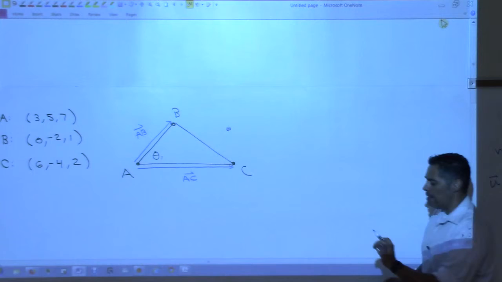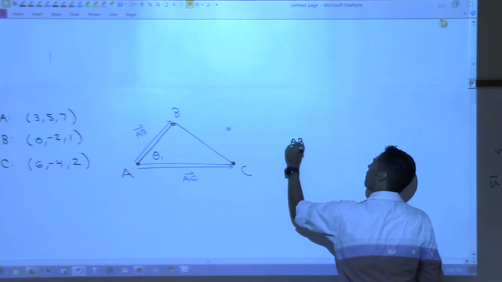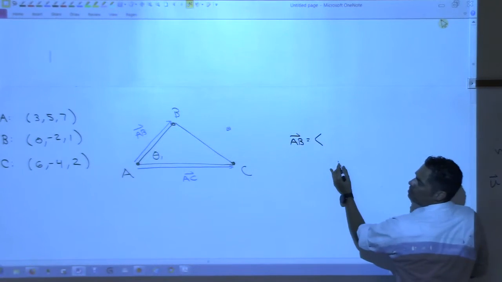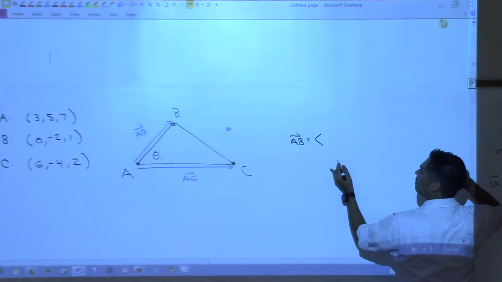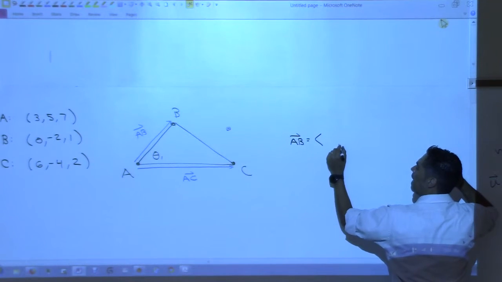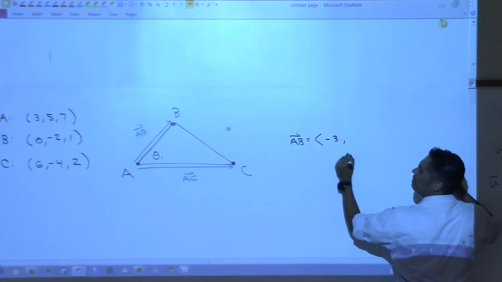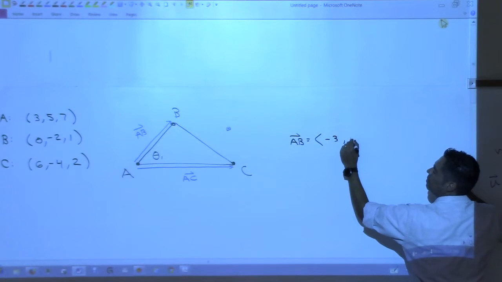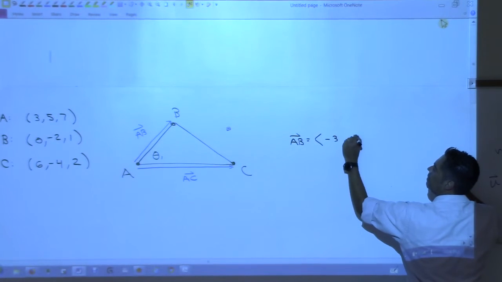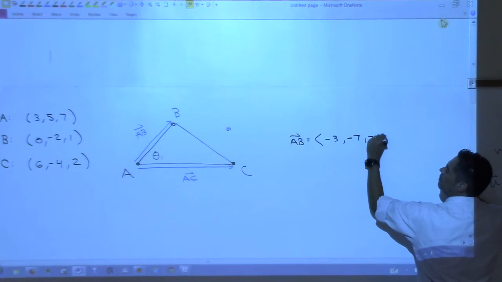So what's the vector AB? We're going from A to B, so -3, -7, and then -6.